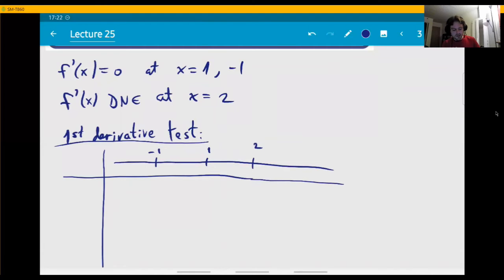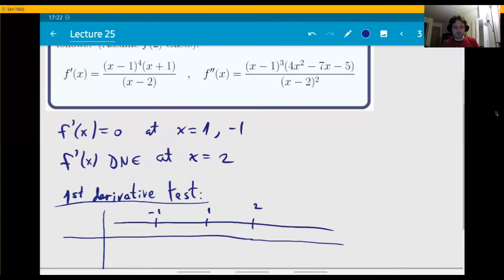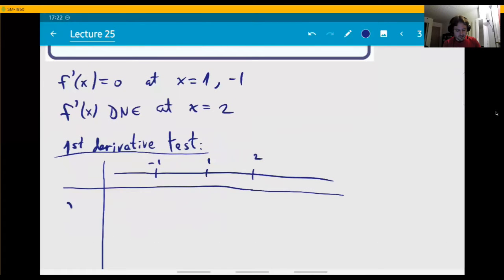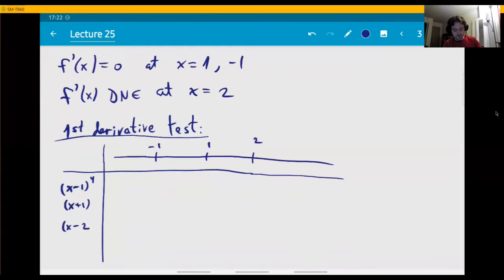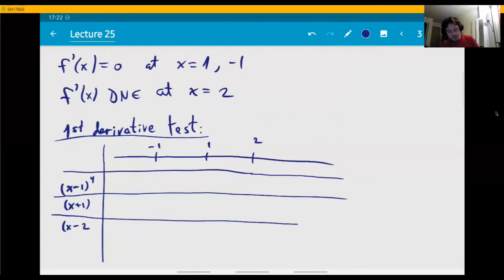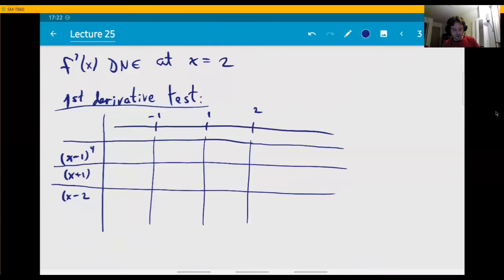Let's analyze separately each one of the pieces that appears in f prime: x minus 1 to the 4, x plus 1, and x minus 2. Analyze the sign of each one of these separately in each one of the 4 locations that are determined by these transition points.